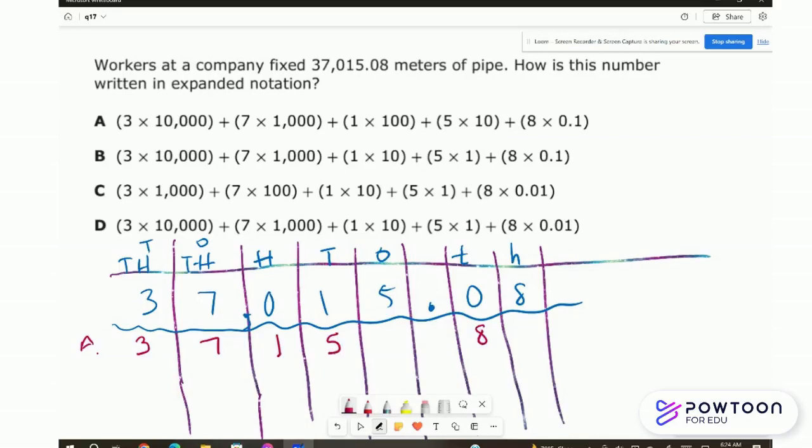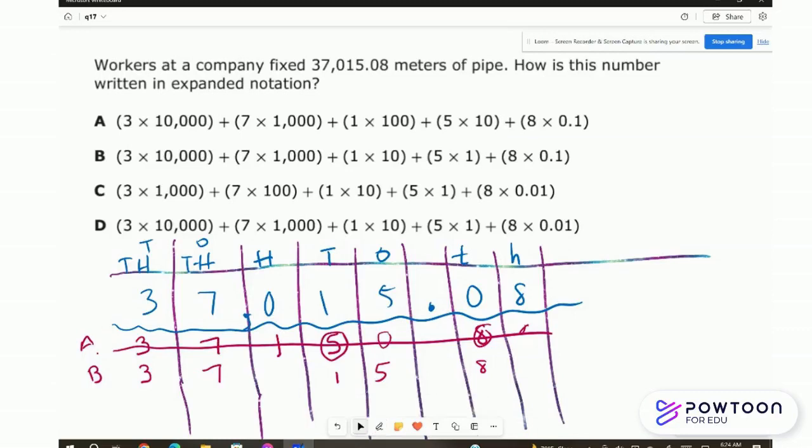So notice that the tens does not match, the tenths does not match, and we don't have anything in the hundreds, so it cannot be A. So we'll cross that one out. We'll try B. 3 in the 10,000s, 7 in the 1,000s, 1 in the 10, 5 in the ones, and 8 in the tenths. So close, but still not there yet.